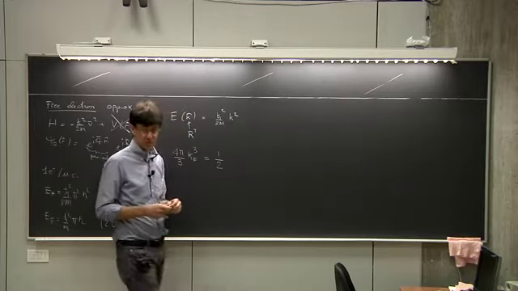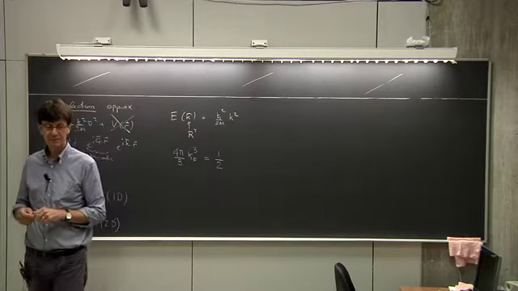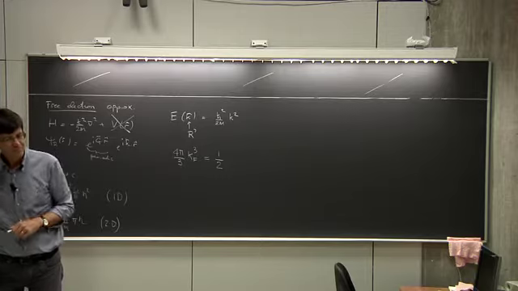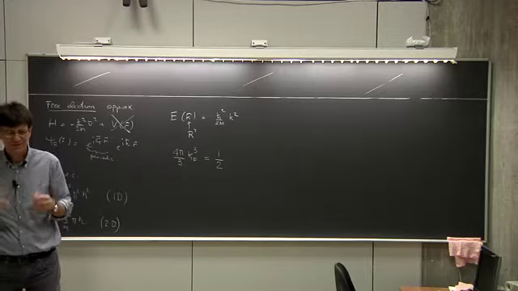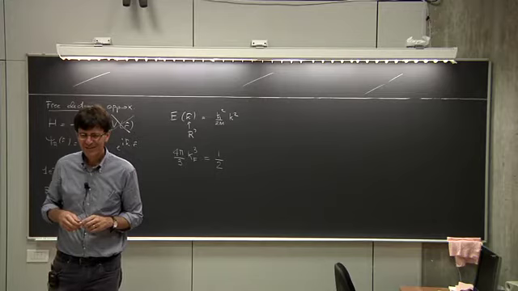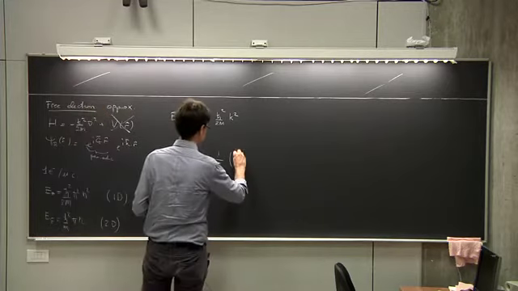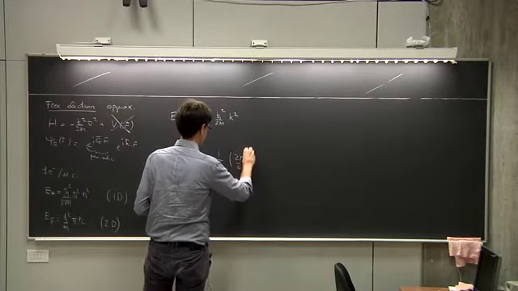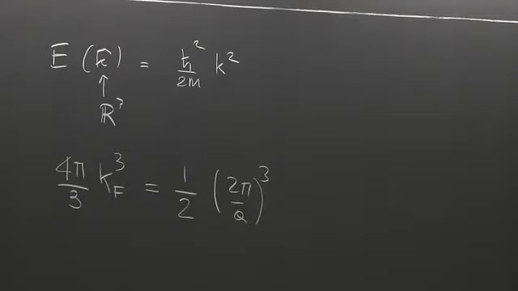The volume of the Brillouin zone for a simple cubic lattice is 2 pi over a, cubed. Great.